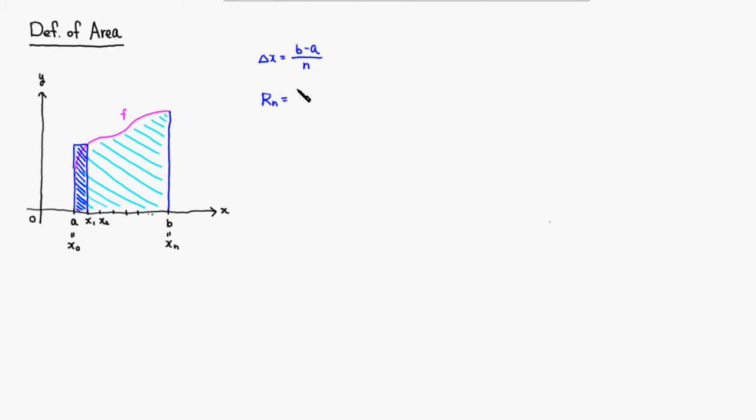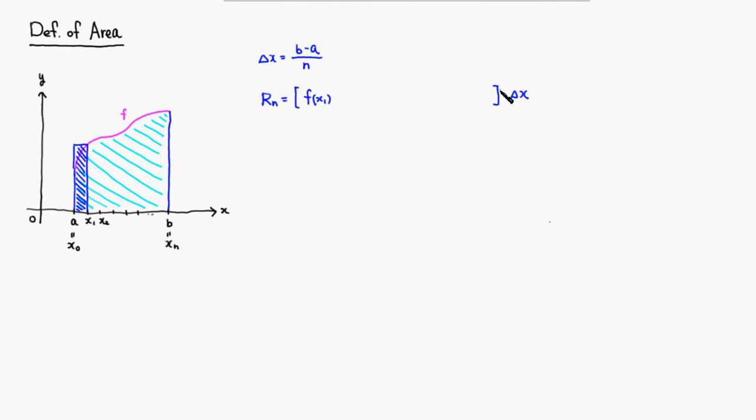So I'm going to put f of x1. Then the width is delta x, so it's going to be multiplied by delta x. That gives us the area of the first approximating rectangle.